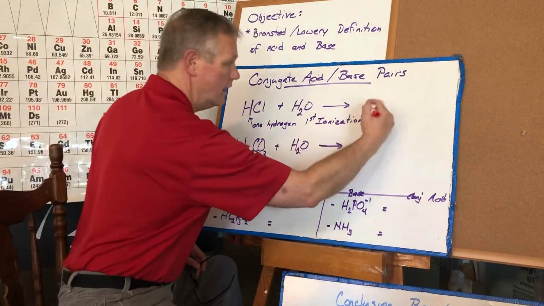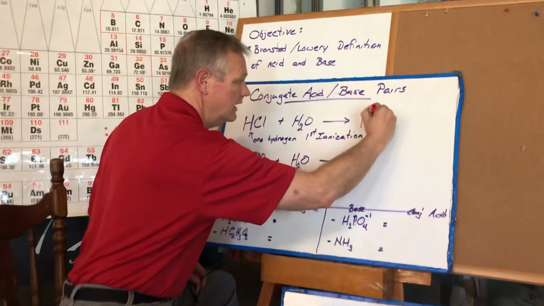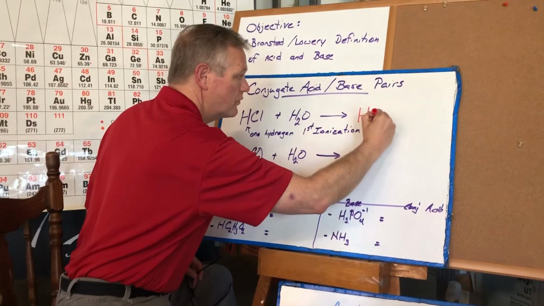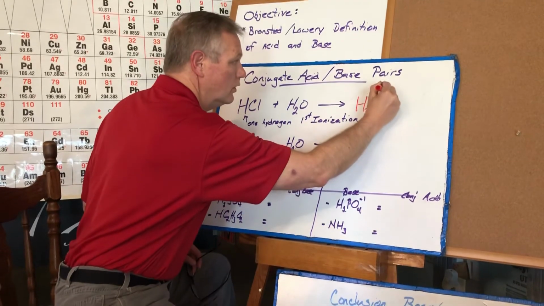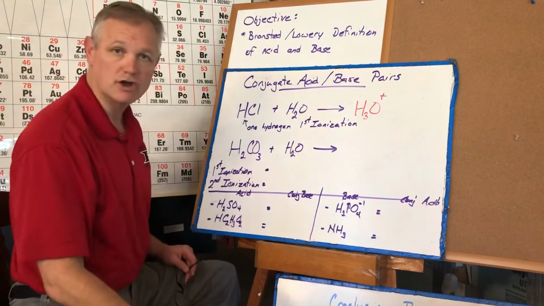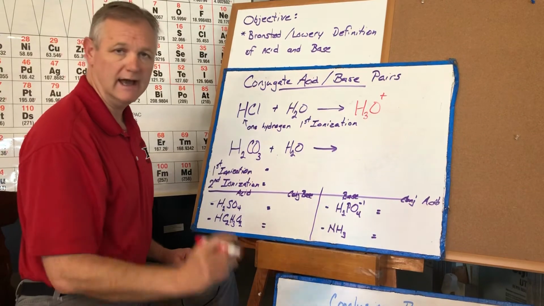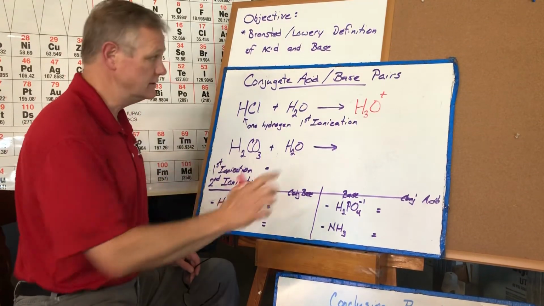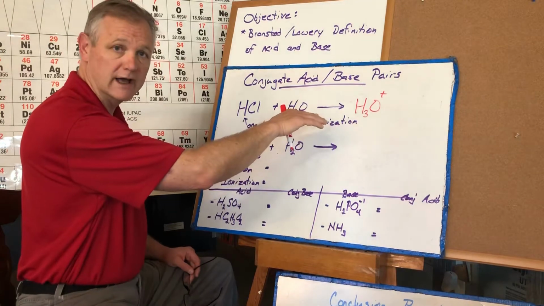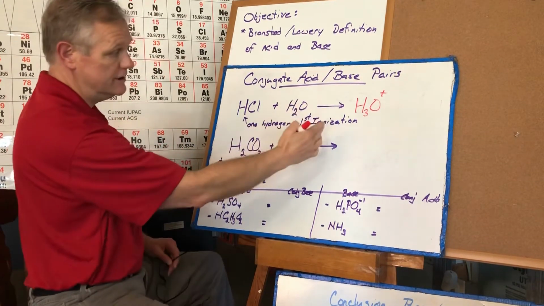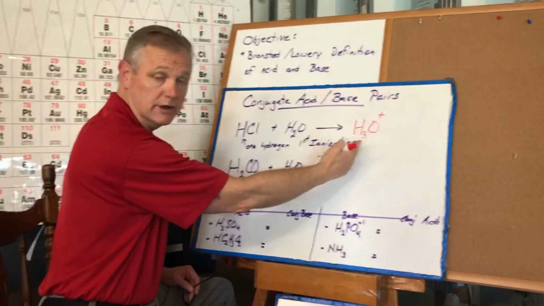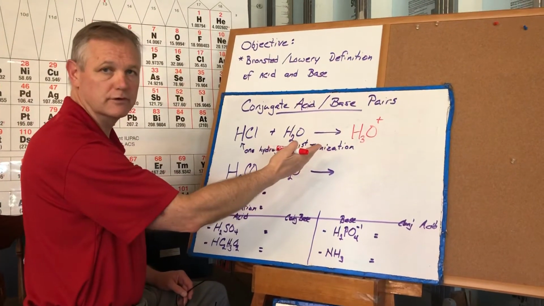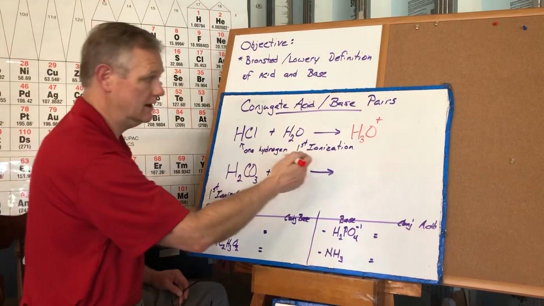So water becomes H3O with a positive charge. Now, in chemistry, you don't really have a hydrogen ion floating around. Those hydrogen ions are attached to water molecules as hydroniums. So this is called a hydronium, which is what we've always referred to as nothing more than hydrogen ions.